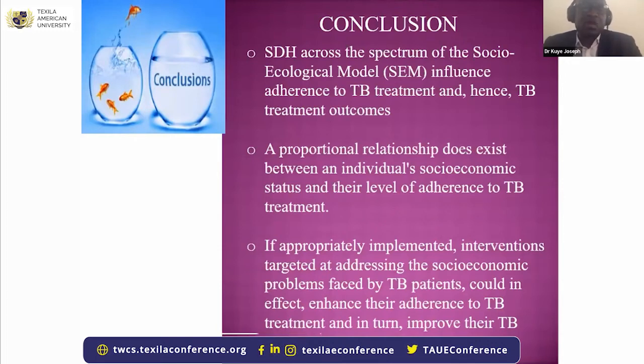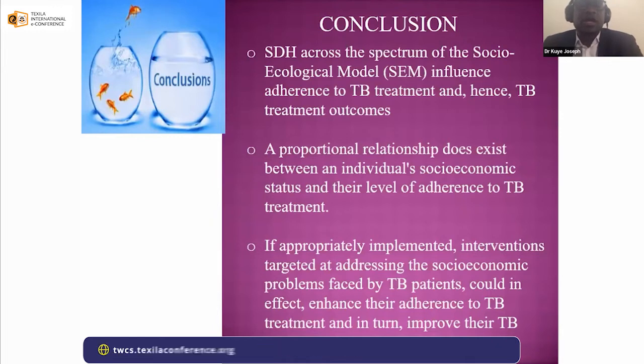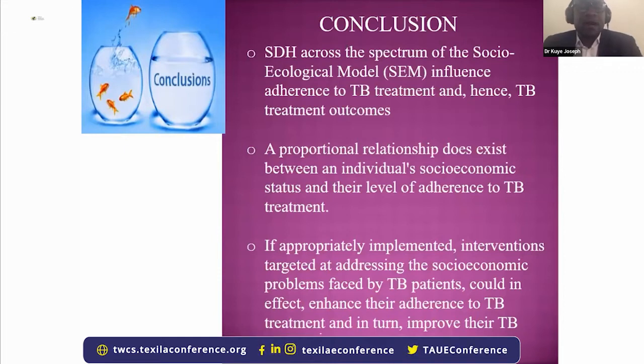One finding is also that apart from TB, other health-related issues are affected by these social determinants of health. If appropriately implemented, interventions targeted at addressing socioeconomic problems faced by TB patients could enhance their adherence to TB treatment and in turn improve their treatment outcome.